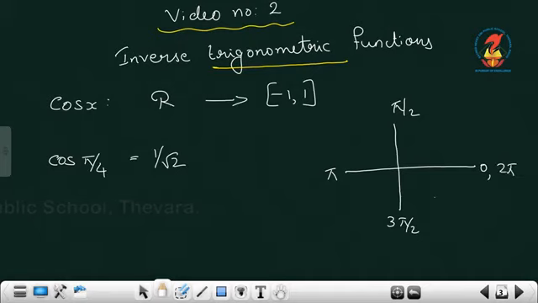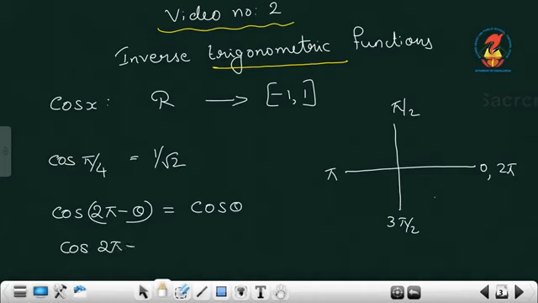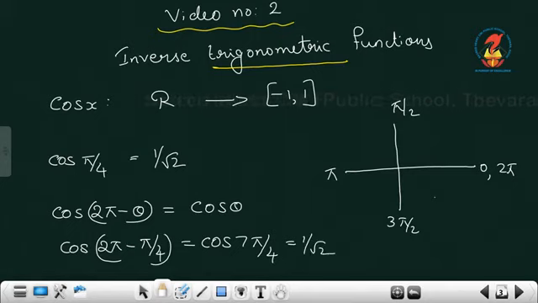So the fourth quadrant value we can write as cos of 2 pi minus theta. So cos of 2 pi minus theta is the same as cos theta. Okay. So in cos of 2 pi minus theta, I put theta as pi by 4. Cos of 2 pi minus pi by 4 is equal to cos 7 pi by 4. That is also 1 by root 2.